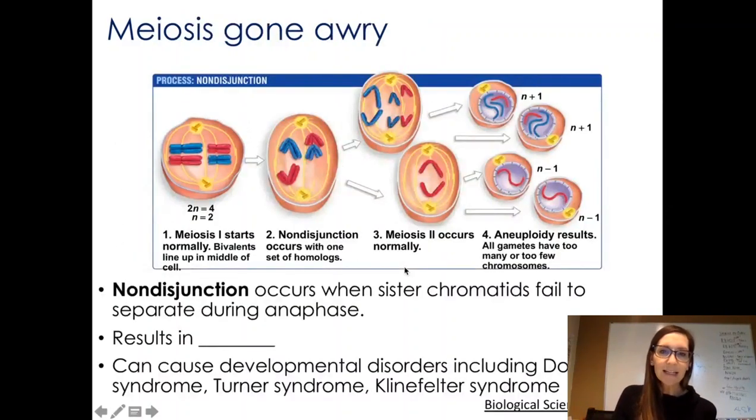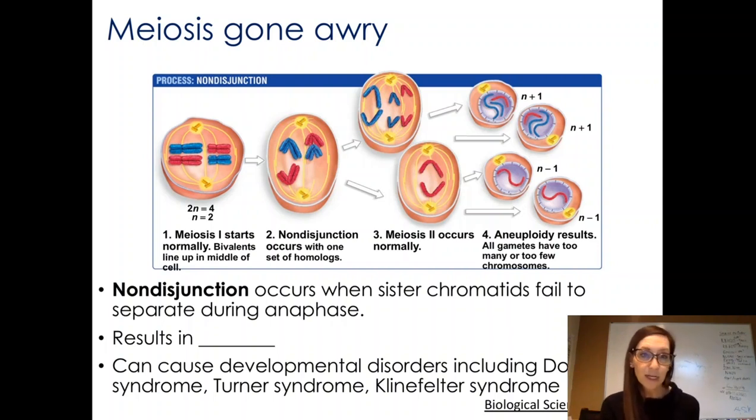The one last slide that I included, just because next Monday in our presentation the group is going to be talking about what happens when meiosis goes awry. One of the major events that can happen is non-disjunction, and that's just what it sounds like. Not disjoining means that sister chromatids stay together in some cases.